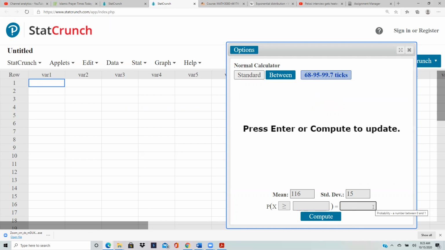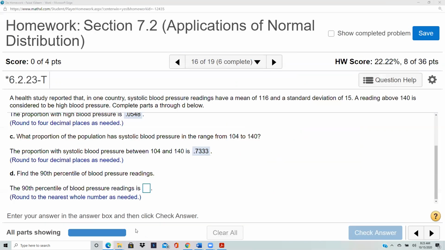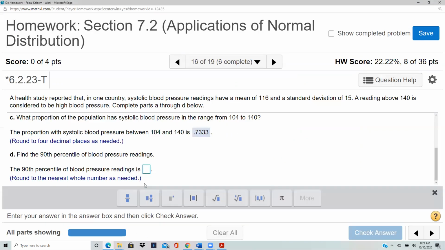So that's 0.9. And below the mark means you're on the left, right? So remember, percentile should always be a figure like this, where you are calculating the area on the left. Below and left are the same thing. So it's 135.22.